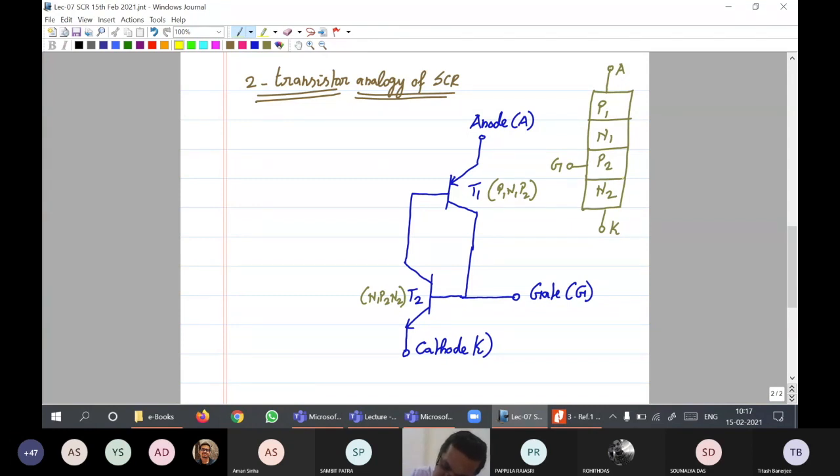First is P1, N1, P2, that is at the anode, which I highlight here. That forms this first PNP transistor. Next one is N1, P2, N2. You can see how the layers are tied and how they are interconnected. That's all. So this should make it clear.